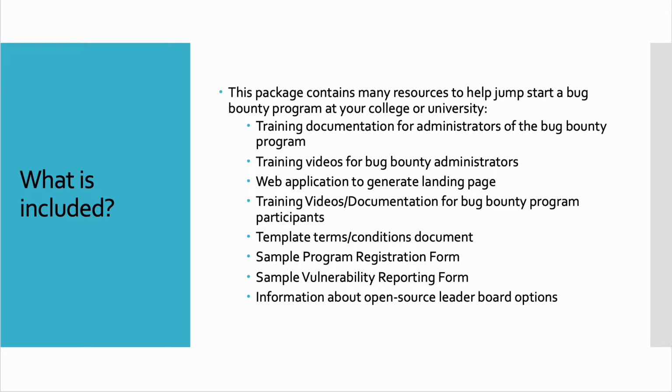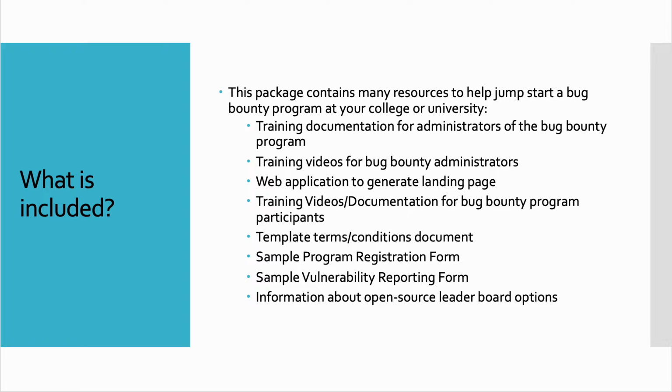Not only that, but it also has the training documentation and training videos for the participants, providing them important information about how to participate and the different types of vulnerabilities, so they are clear on what each type is and what is defined as in scope and out of scope. It then tells them to make sure they check with the university to make sure they are following all the rules set forth by the program.